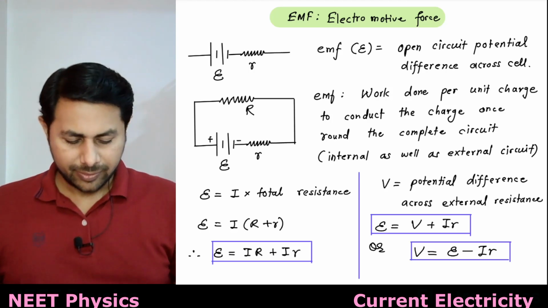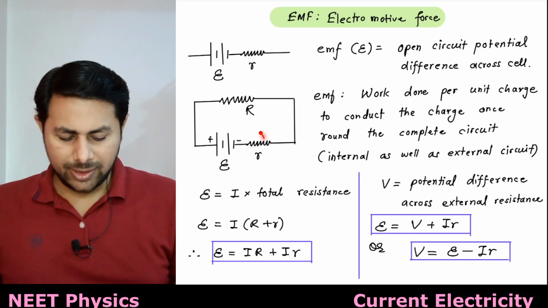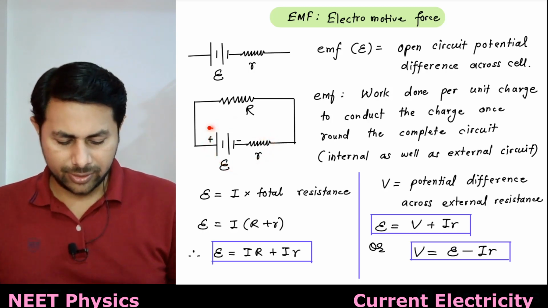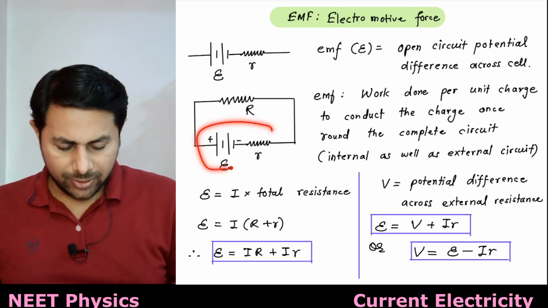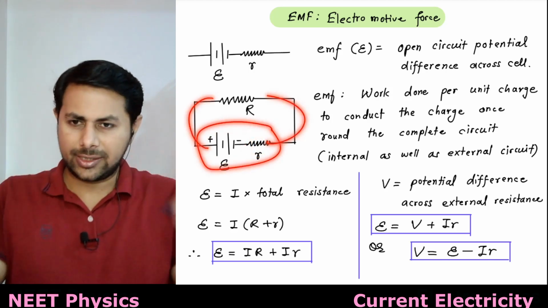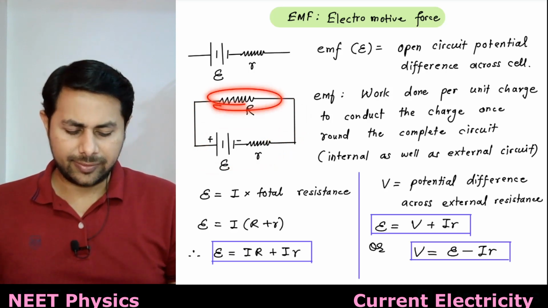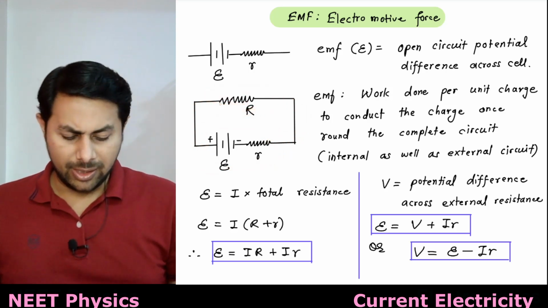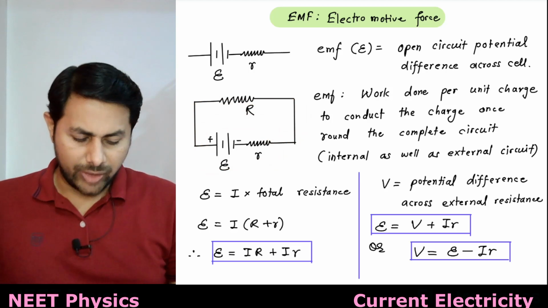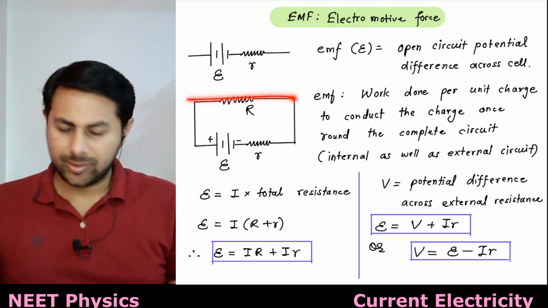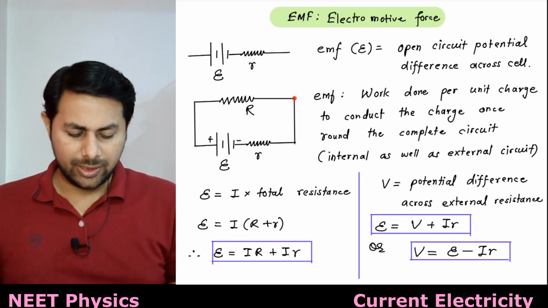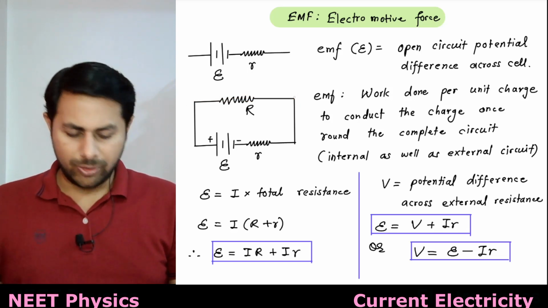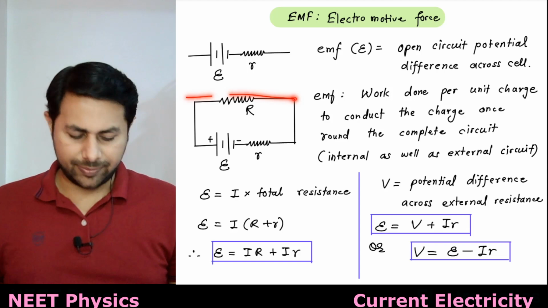So now suppose you have this cell, where small r is part of the cell, and you have connected that to this external R, this resistor. Then what's the potential difference across the resistor? It is the work done per unit charge to move that charge across the resistor.